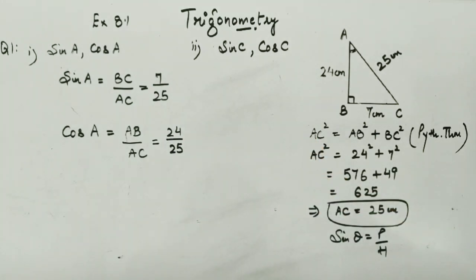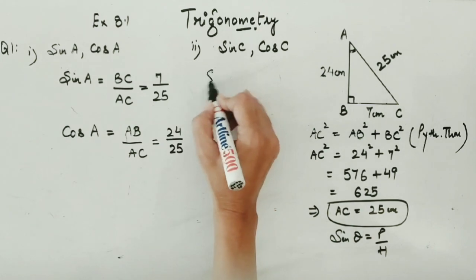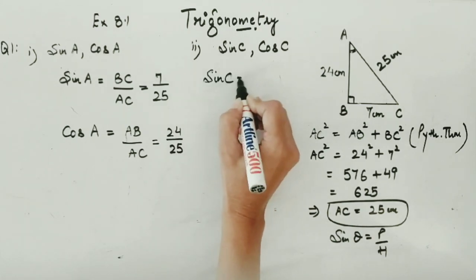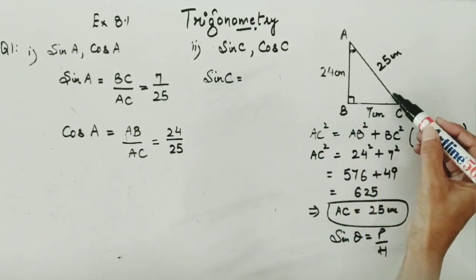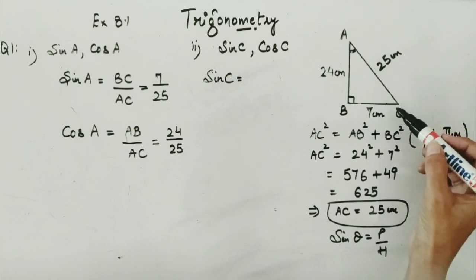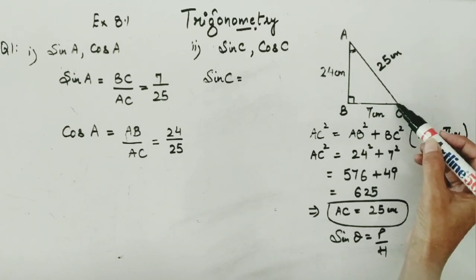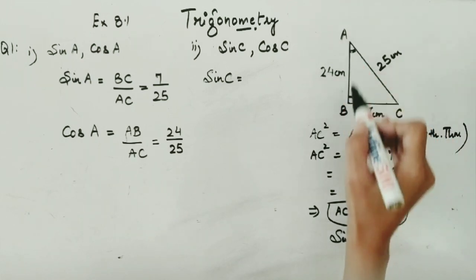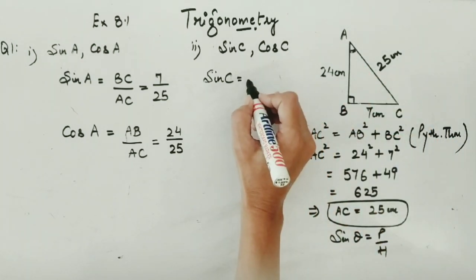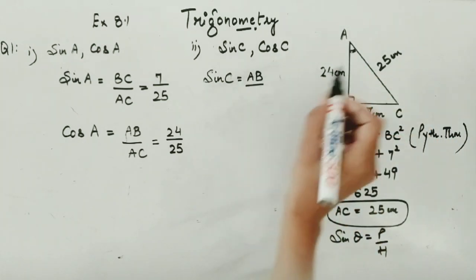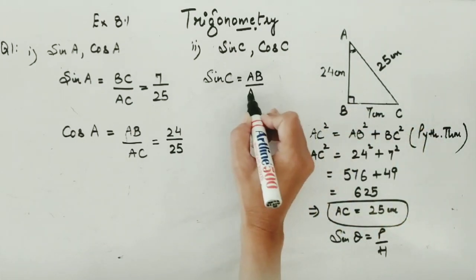Then let us talk about sin C, cos C. Sin C, angle has now shifted here. If angle is here, which side is perpendicular? AB is perpendicular. Hypot remains AC.